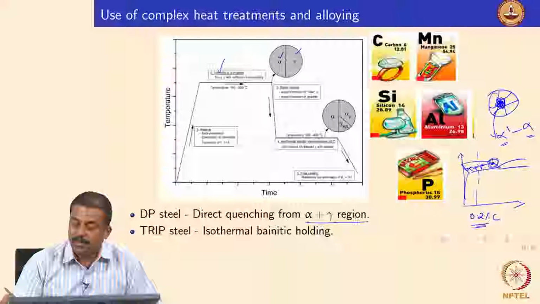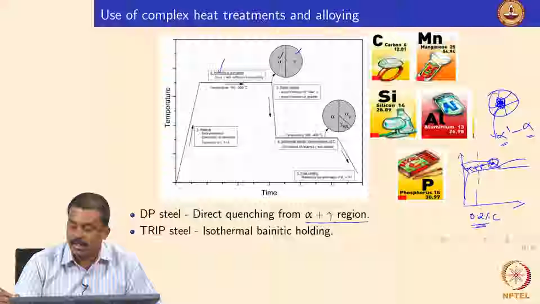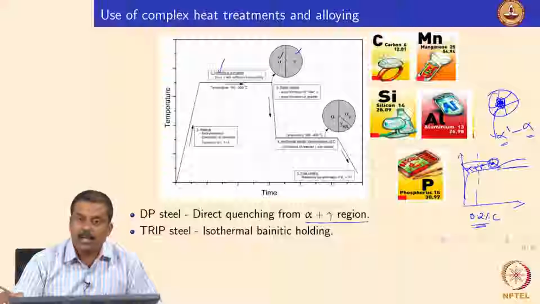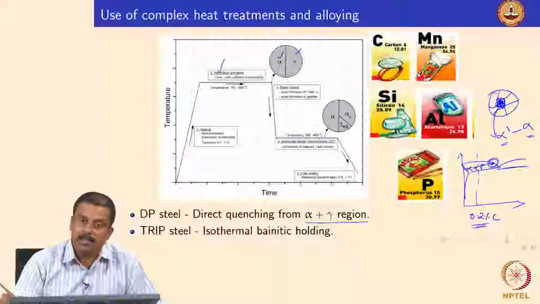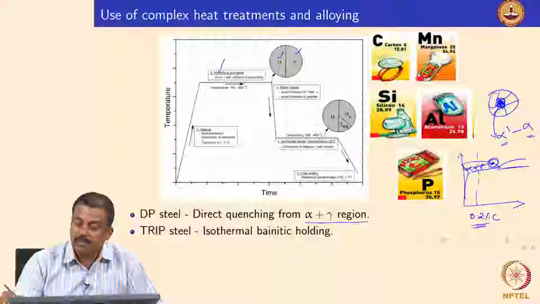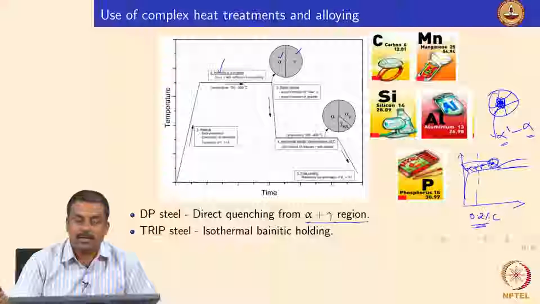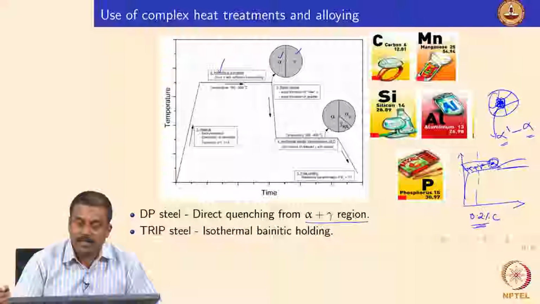With an increase in carbon concentration of austenite, we can have a reasonably slow cooling rate and still get a martensitic microstructure. Because of the two phase mixture, you will also have reasonable ductility and strength, which is needed for the advanced high strength steels.